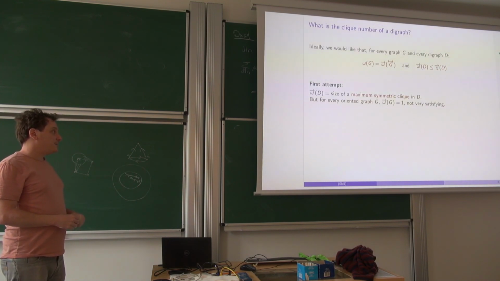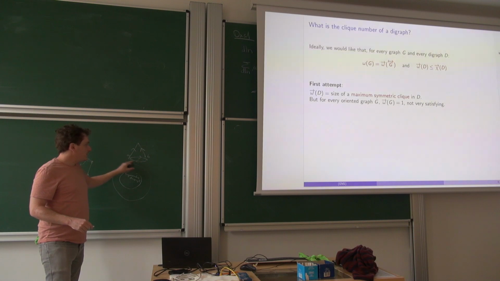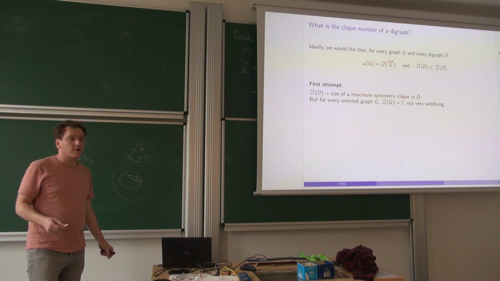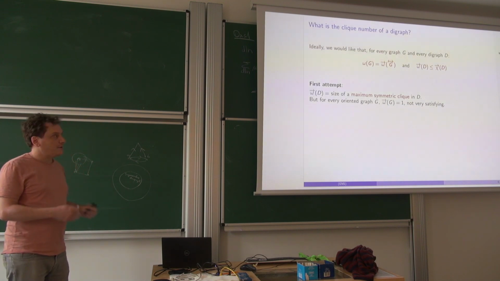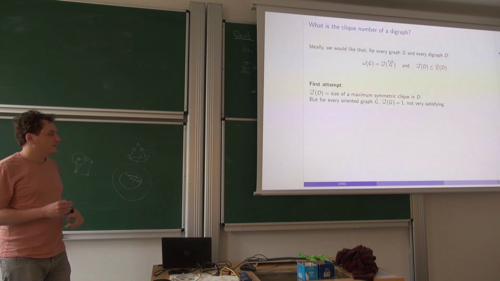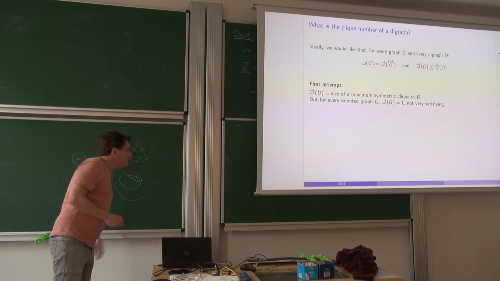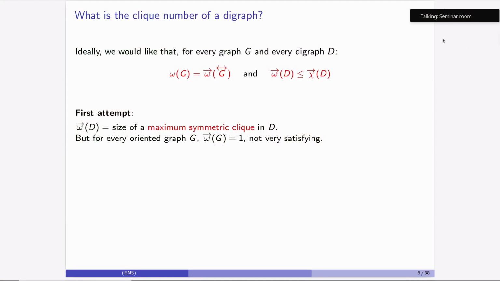This is nice, but if there is no digon like this, we call those digraphs oriented graphs, then the clique number is 1, and this is a very complicated family. So it's not very satisfying. Still, this notion has been used in one paper where they generalized the perfect graph theorem to digraphs using dichromatic number and this notion of clique number. To my knowledge, this is the only paper where it is used.